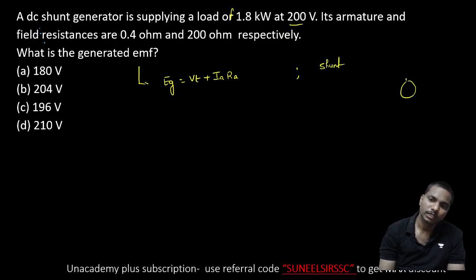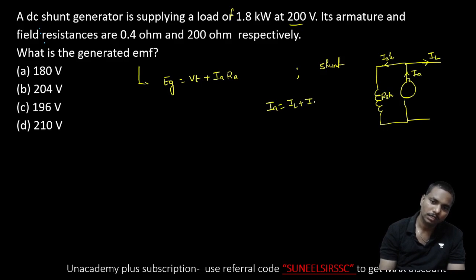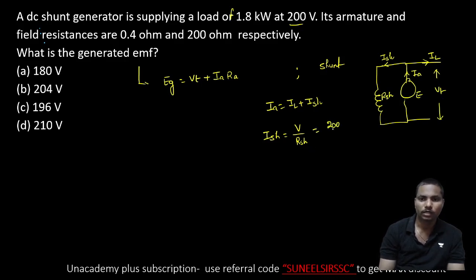In case of shunt machine, here it is a shunt field. This is the load current, this is the shunt field current through RSH, and this is the IA. So in case of shunt machine, IA is equal to IL plus ISH. To find the ISH, shunt field current, it is terminal voltage by RSH: terminal voltage 200 volt by RSH 200 ohms is equal to 1 amp.